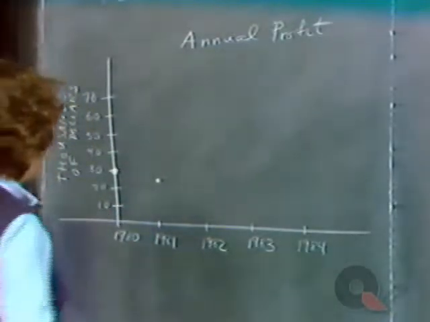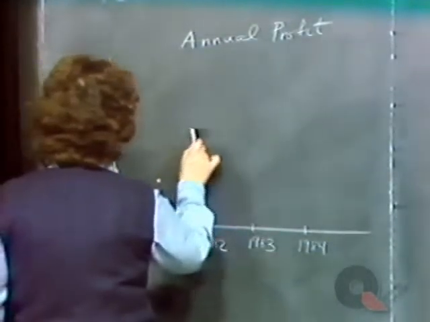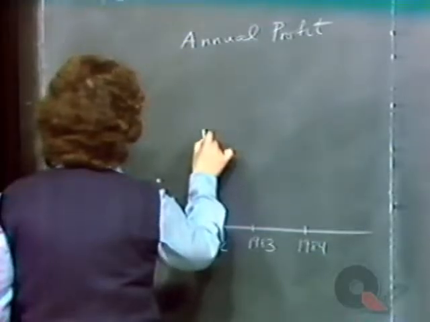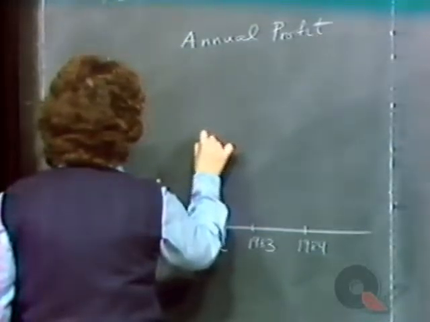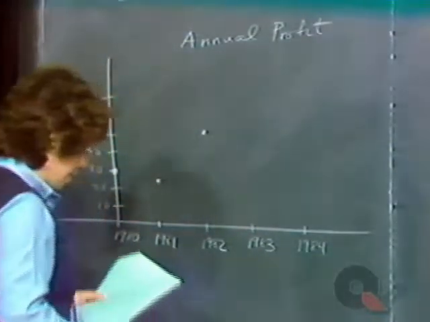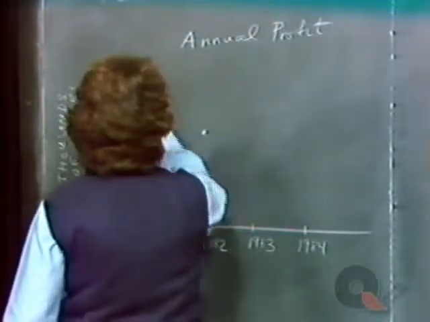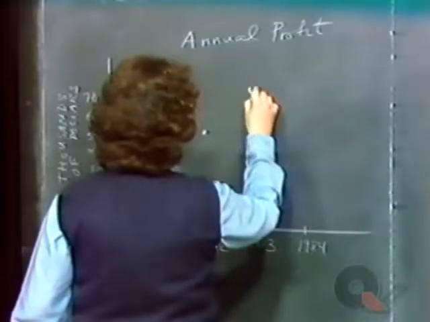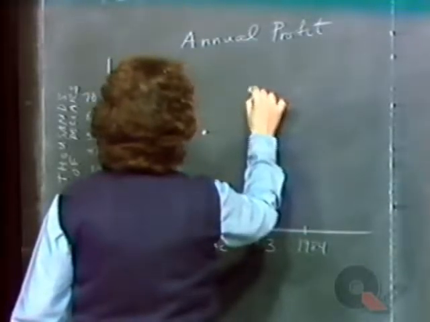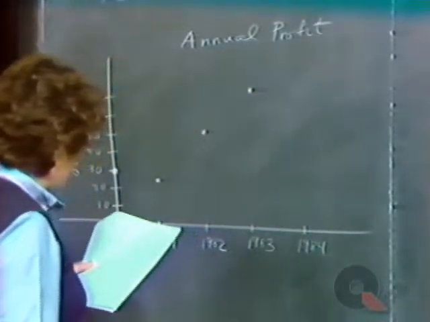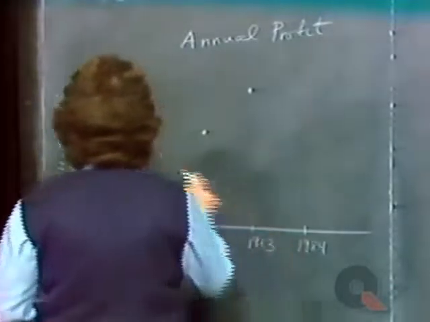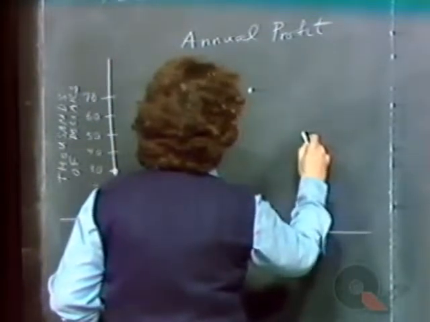In 1982, it was $50,000. In 1983, I'm going to put the dot here, corresponding to $70,000, and in 1984, once again, $50,000.